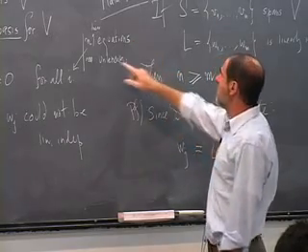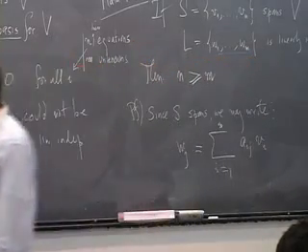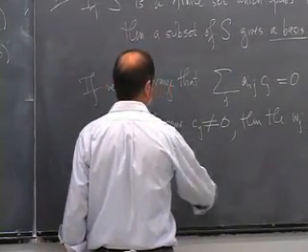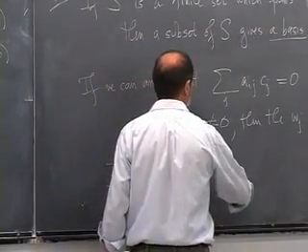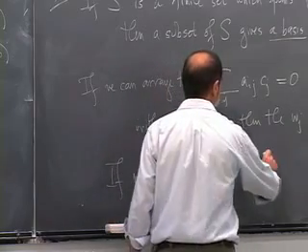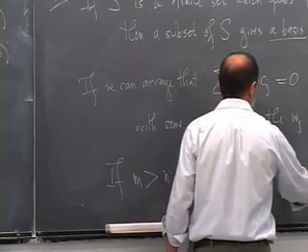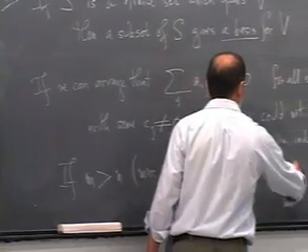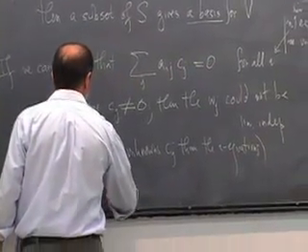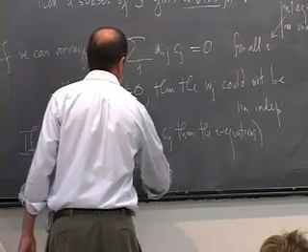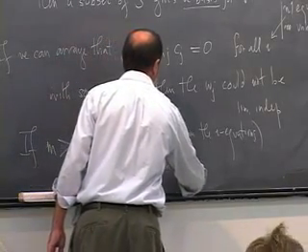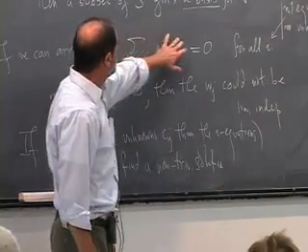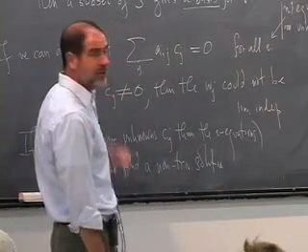So if m were bigger than n, more unknowns Cj than the n equations, we can find a non-trivial solution. Namely, we can find a solution to this system of equations with some of the Cj's non-zero.